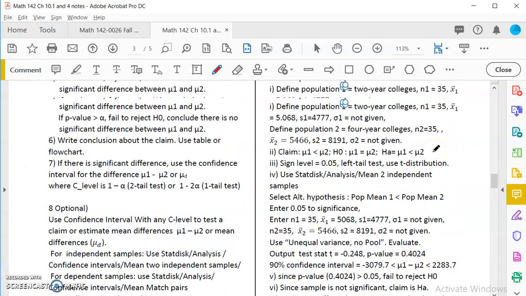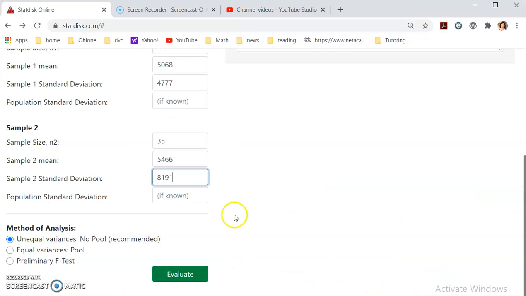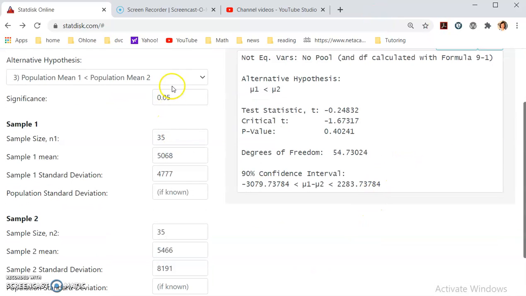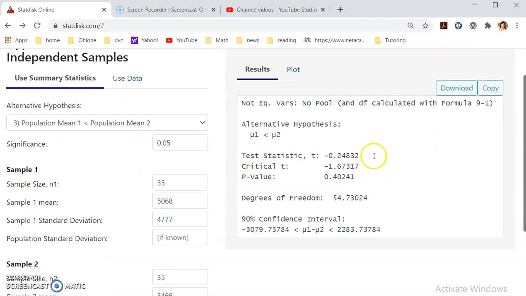Yeah. Okay. So we don't know the population standard deviation, but it doesn't matter. The last one is unequal variance. We assume that we don't know, and they're unequal, so evaluate. That's what you need to enter. Two sets of samples, but make sure that you don't mix them up because the direction matters.